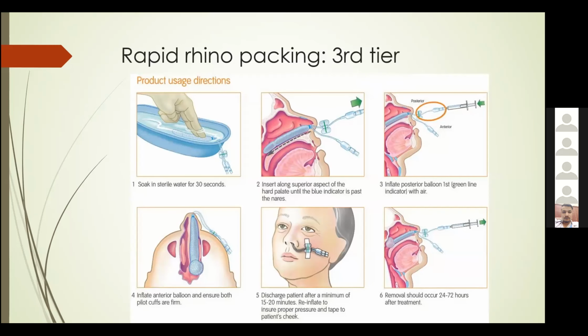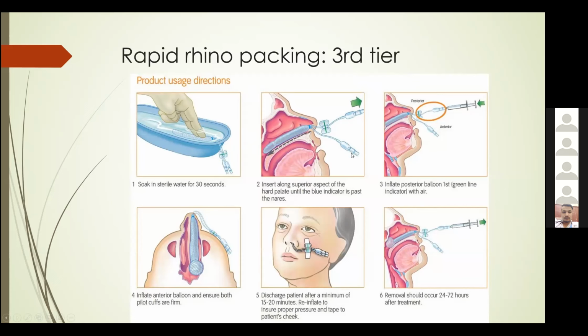Right, Rapid Rhino packing I would probably consider the third-tier approach. You have to soak the Rapid Rhino pack in normal saline, and then immediately. Now, this is the treatment of posterior epistaxis. You can see that this has two inflatable ends.